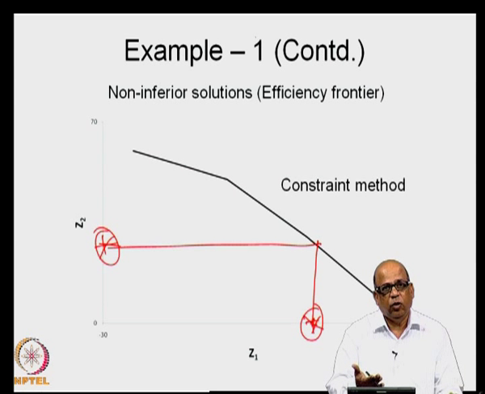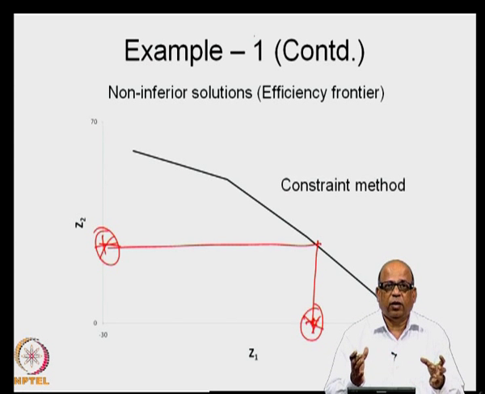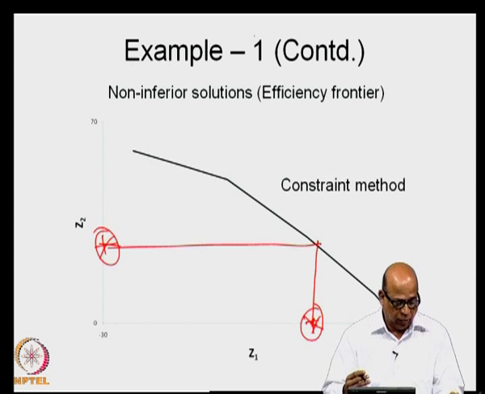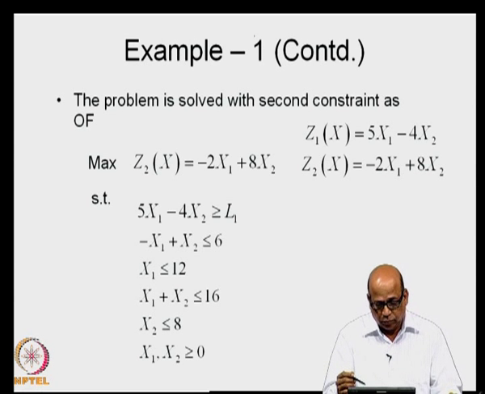After this is done, you can have several screening alternatives. For example, if we were dealing with not 2 but let us say 10 objective functions, the non-inferior sets of solutions will be quite large, and out of these you may screen out some depending on several other criteria, which I will briefly mention towards the end of this.